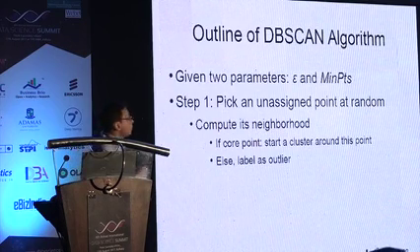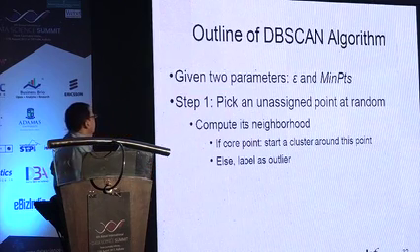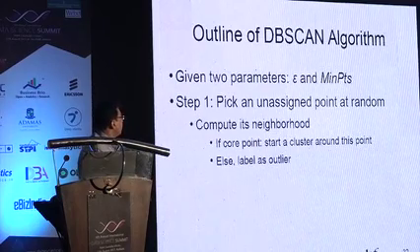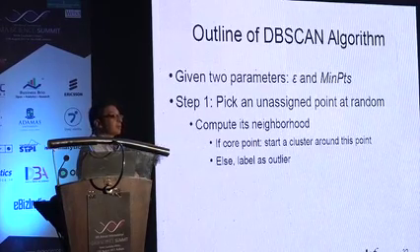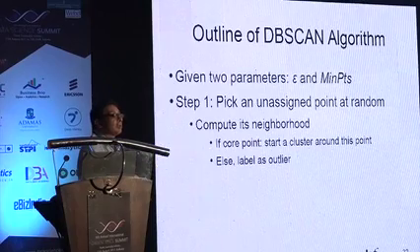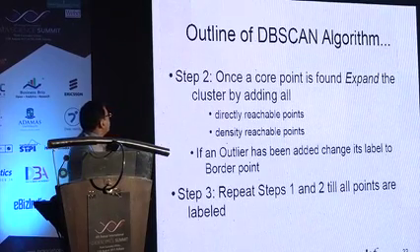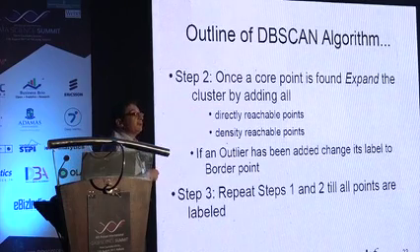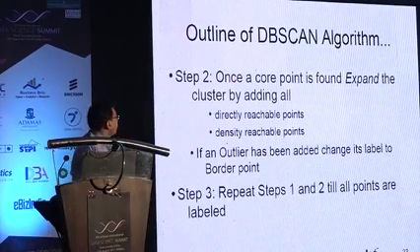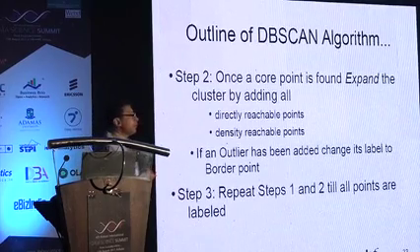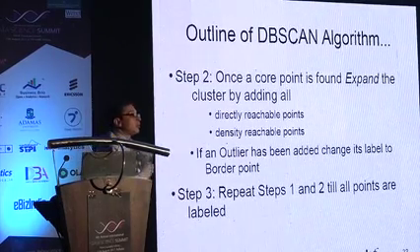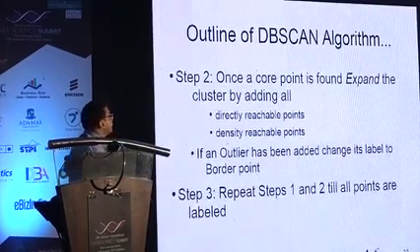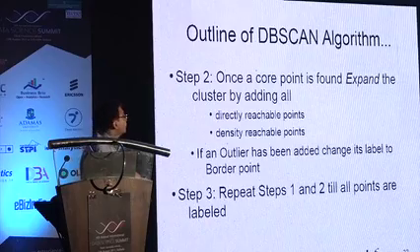And the algorithm goes like this: you pick an unassigned point at random and compute its neighborhood. If it's a core point, then start your cluster from there, else you make it an outlier. In step 2, you try to expand your cluster, and you expand it by adding all the points which are either directly reachable from the points or which are density reachable from the core.